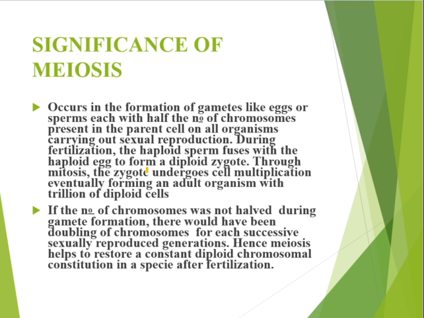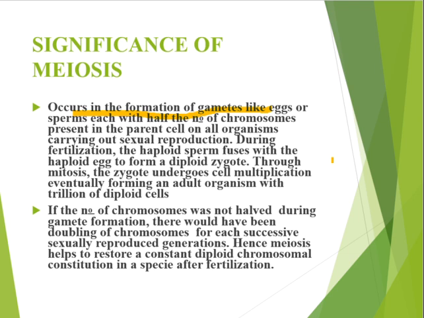Then the significance of meiosis: it occurs in the formation of gametes like eggs or sperms, each with half the number of chromosomes present in the parent cell of an organism, thus carrying out sexual reproduction. And during fertilization, the haploid sperm fuses with the haploid egg to form a diploid zygote.